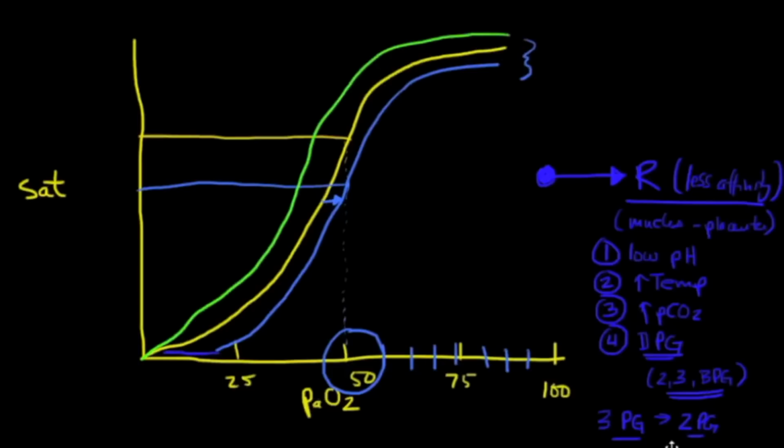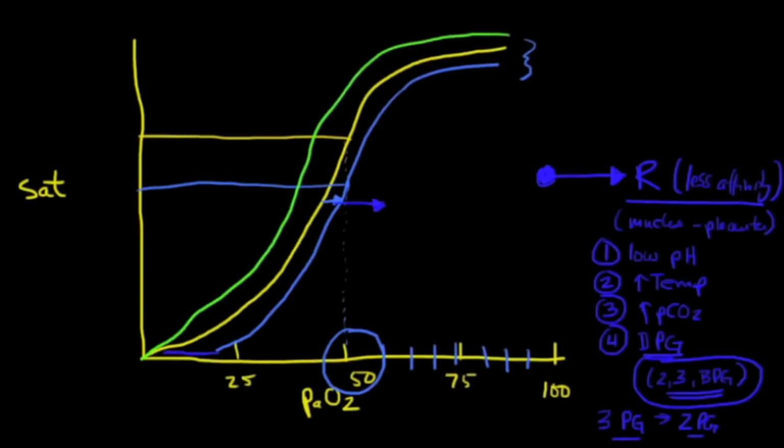As you have this buildup of 2,3-BPG, which is, by the way, seen elevated in pregnancy, that makes sense because in pregnancy you're going to want your hemoglobin molecule to be able to give up more oxygen to the fetus. You're going to see this increased in pregnancy, and you're going to see your hemoglobin molecule giving up more oxygen to the fetus, and you're going to see this hemoglobin molecule shift to the right.